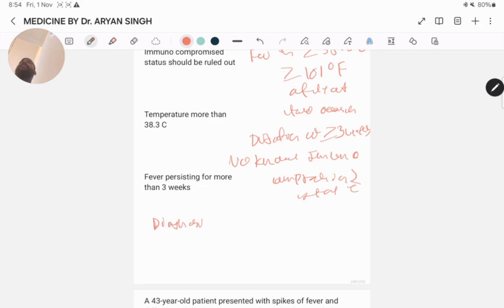Diagnosis is uncertain after thorough history taking, examination and obligatory investigations.